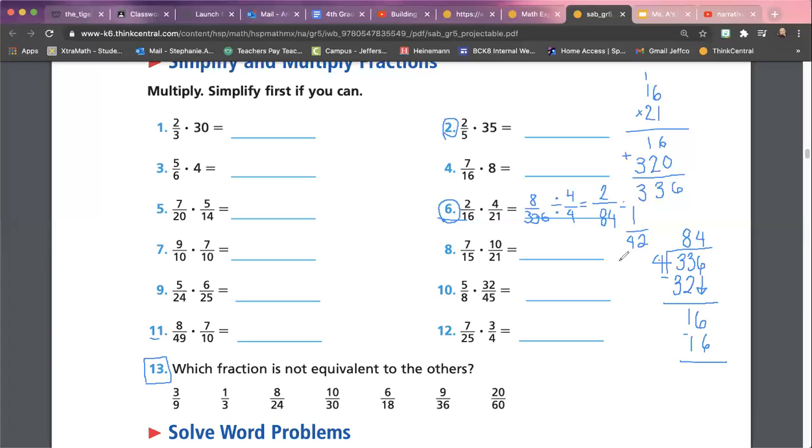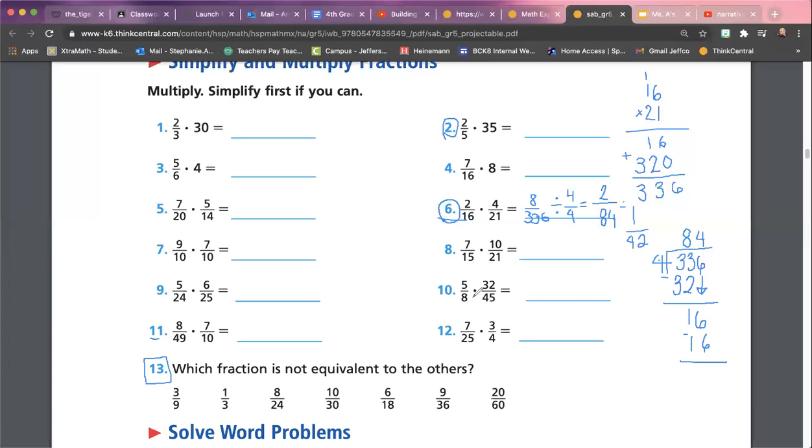You have to look at 8/336 and be like, okay, what might go into both of them? There's a lot of guess and check with long division here. You're kind of thinking to yourself, okay, what fact do I think goes into it? Probably 4, maybe 8. So that's where you kind of have to go test it.